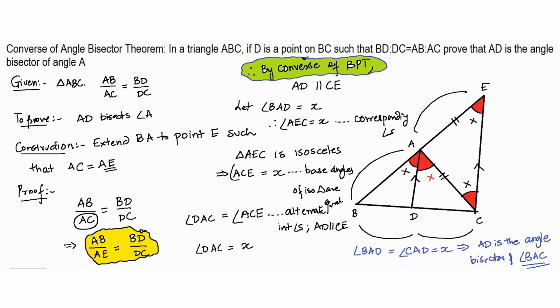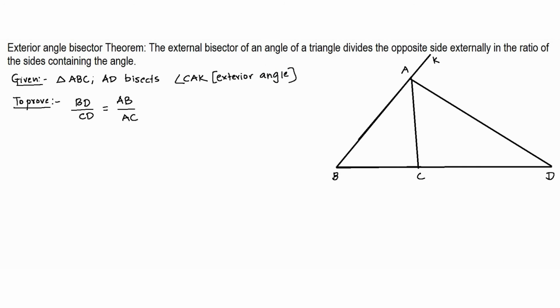Let us now prove the exterior angle bisector theorem. The triangle ABC is given to us. The side BA has been extended to a point K, and AD is the angle bisector of this exterior angle, right?